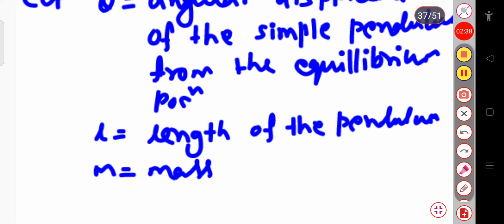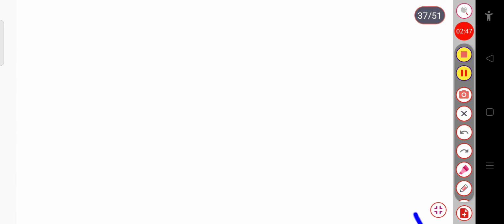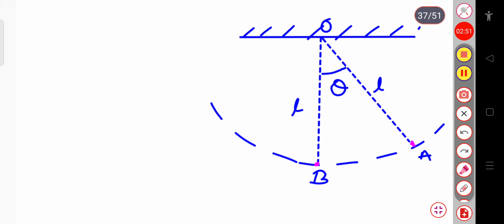If we displace this simple pendulum from its mean position, then it will make an angle theta here.